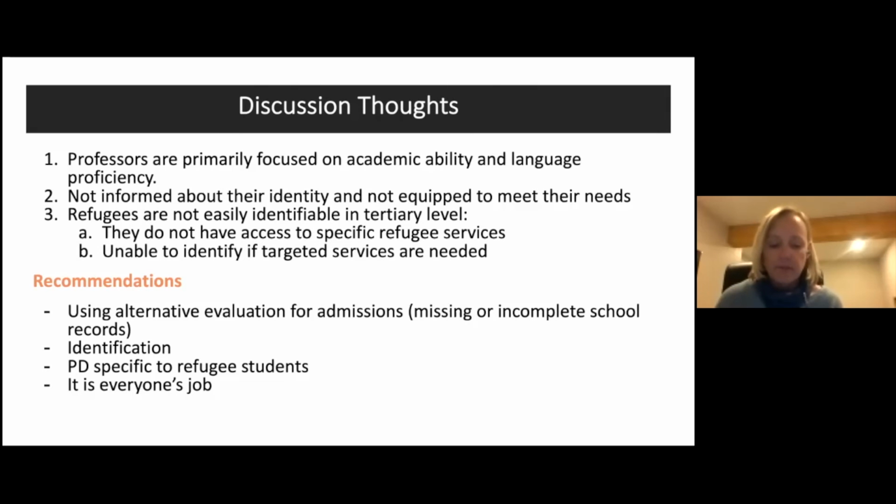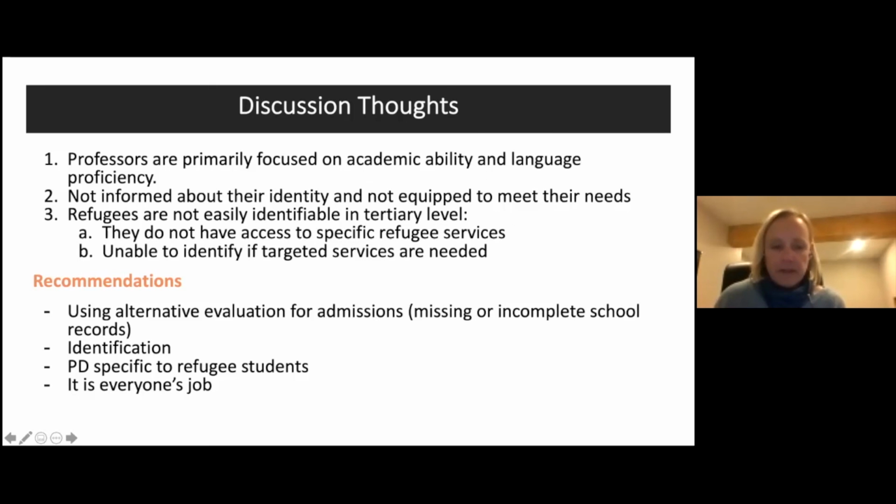So in terms of recommendations, admissions, in order to provide access for these students, they need to be identified, right? And in terms of admissions, often they come with missing or incomplete records. So there needs to be policies and practices in place to be able to provide access for these students.